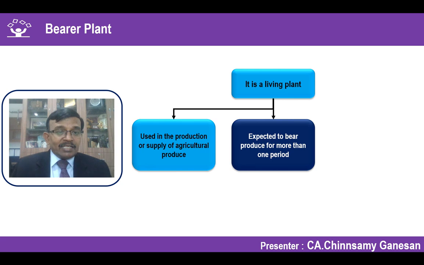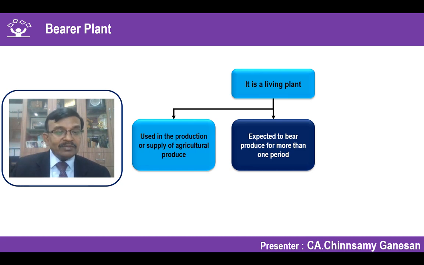People technically argue with me whenever I make a presentation. Some of the companies are saying, how will you classify sugar cane? Whether the sugar cane is a living plant, which is a bearer plant. What they argue is that after the sugar cane has been fully grown, it is cut, but a portion is still there in the land, and that will again give an output.